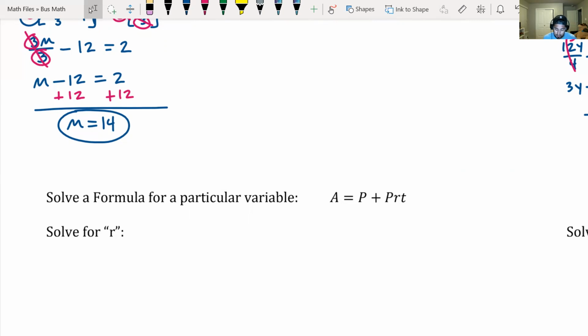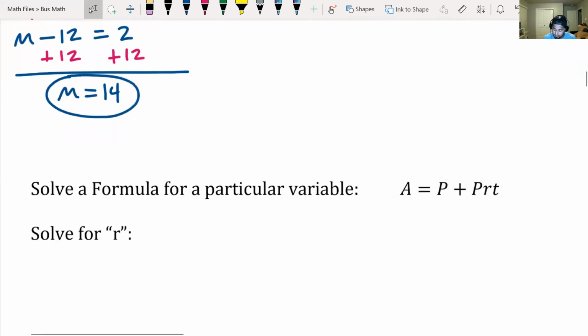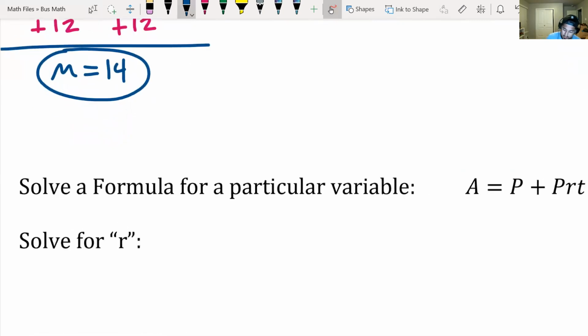Okay, so with that, I'll rewrite it. A equals P plus PRT. And our job is to solve for R. Okay, which means to get R by itself means that we need to isolate PRT.